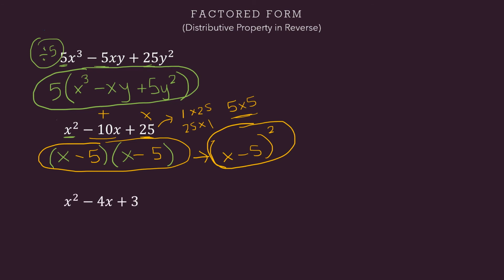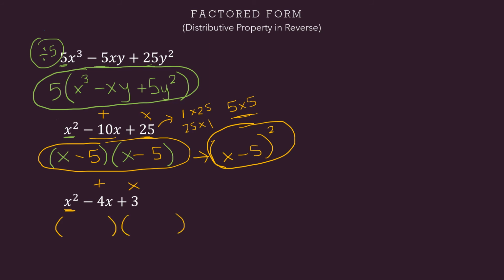Again, we're going to do that in this problem here, where I'm going to look at this first term, which is an x squared. So we're going to use that shortcut again and say, okay, what adds to -4 and then what multiplies to 3? Let's go ahead and put that in parentheses.